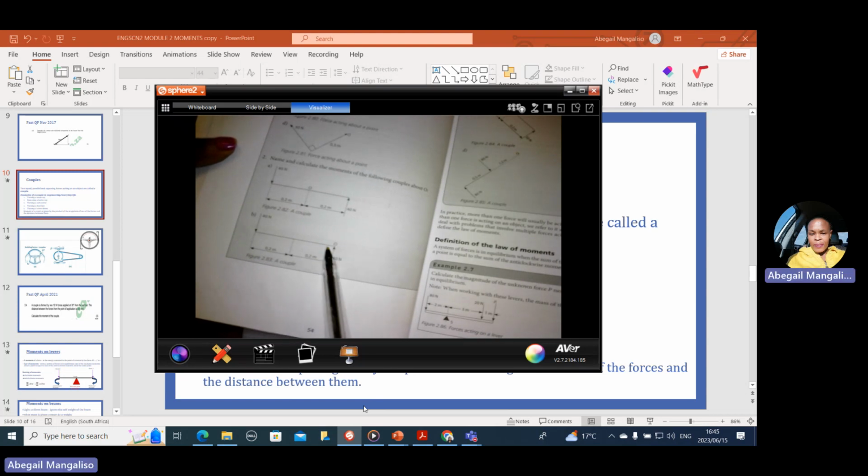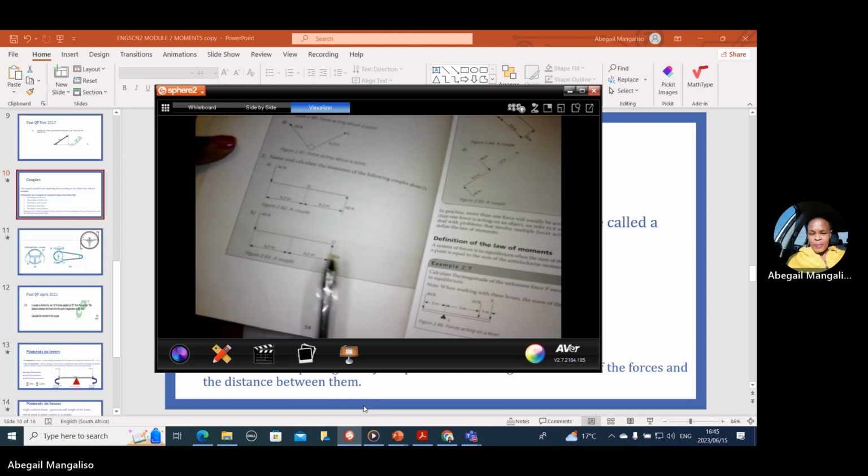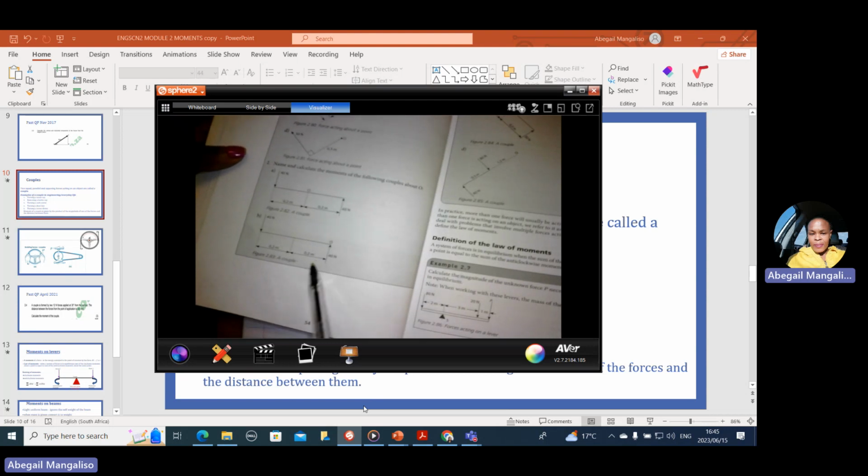Now, the fulcrum or the turning point is there at the end. Now, this is also a couple because these two forces are equal. They are parallel, they are opposite, acting on one object. That is a couple.